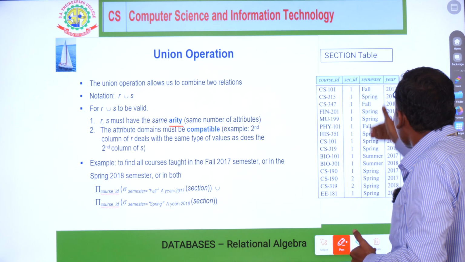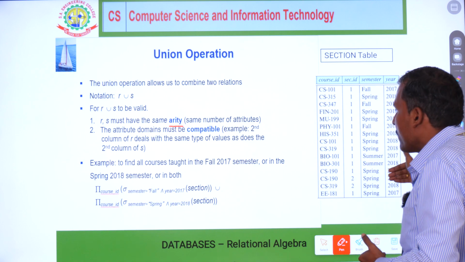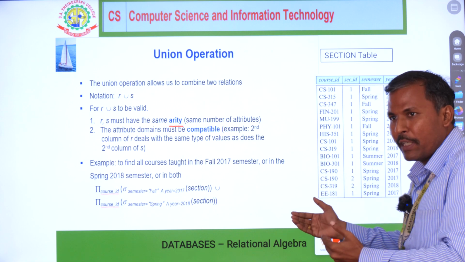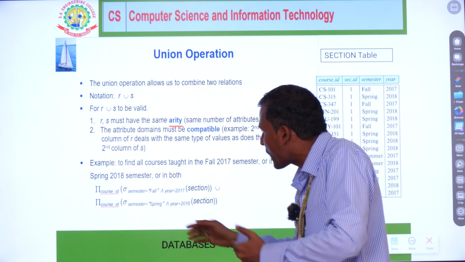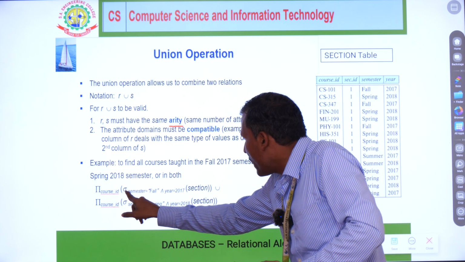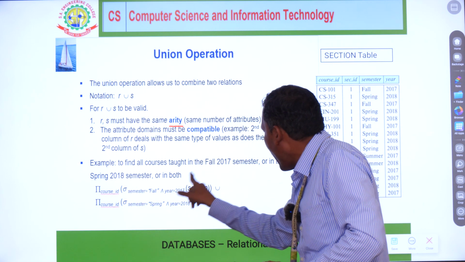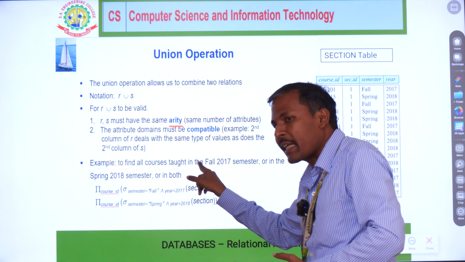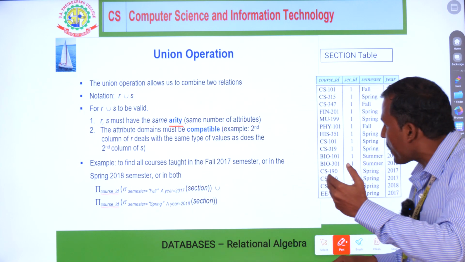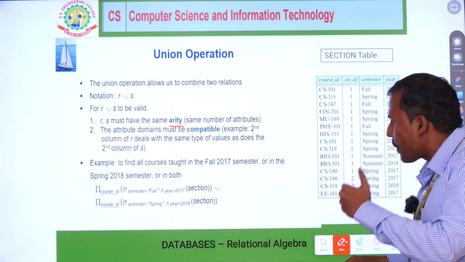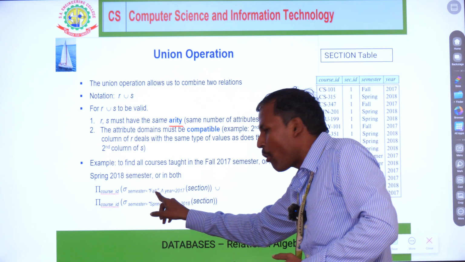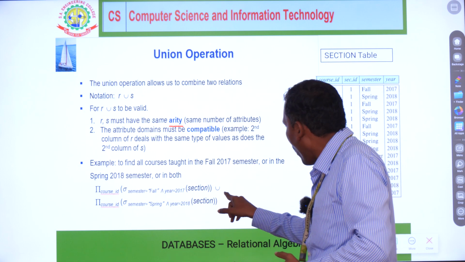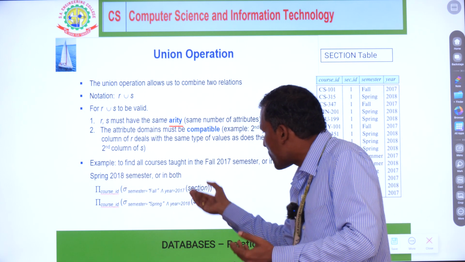We have a column called semester and a column called year. Since I'm going to retrieve data based on a condition, the operator I'm going to use is sigma, where semester is fall and year is 2017. You can use the and connective. I just want the courses that were taught in the fall semester in the year 2017, so semester equals fall and year equals 2017, or the spring 2018 semester.